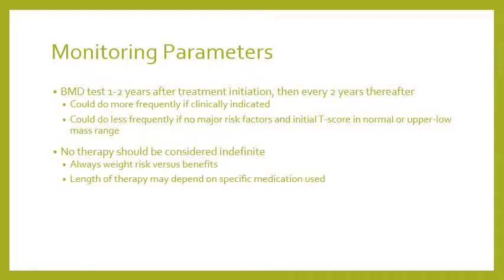No therapy should be considered indefinite. Throughout a patient's therapy, we should always be weighing the risks and benefits of continuing therapy, as well as paying attention to the length of therapy. The length of therapy depends highly on the agent that you're using.